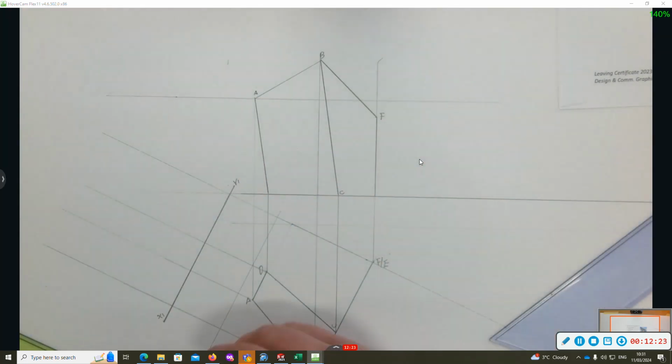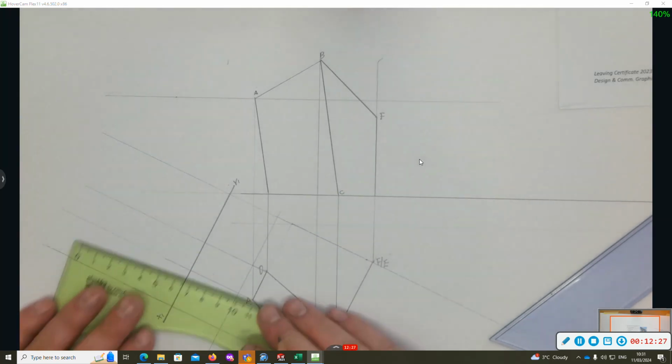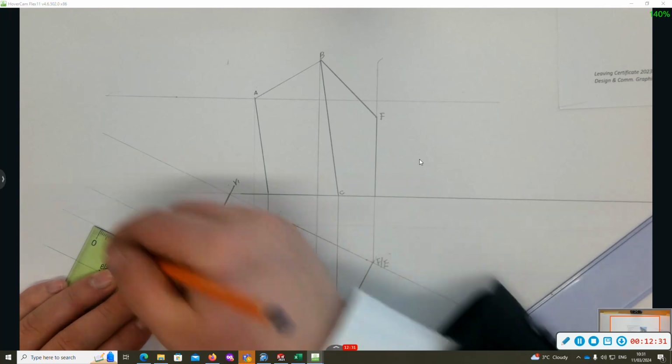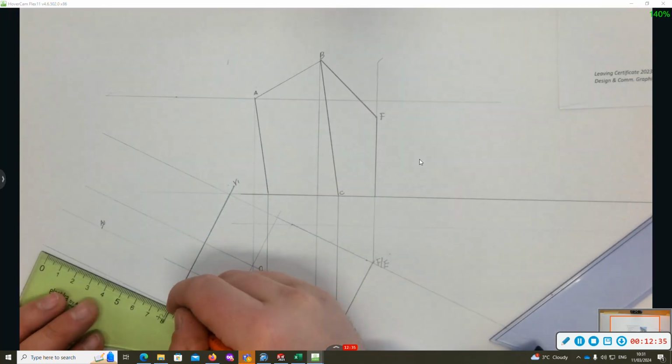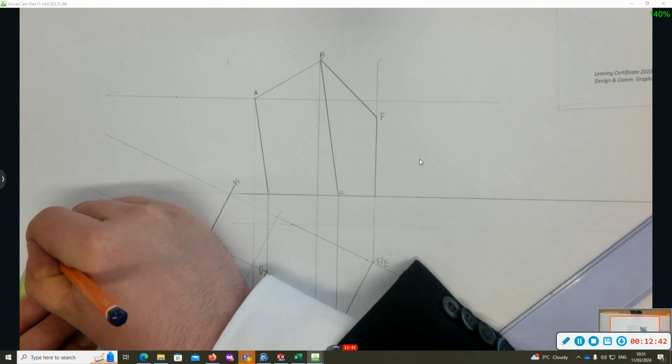Now, I can take my heights from elevation, right? I know the height of point A is 60 millimeters if you look at that in elevation. So instead of just using your compass, you can mark in A1 there. I know B has an altitude of 85. So I'm going to mark in 85 there.